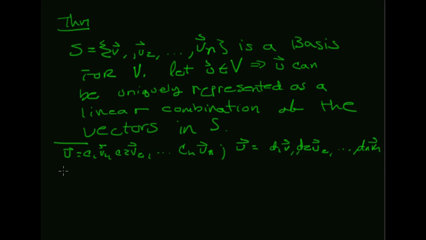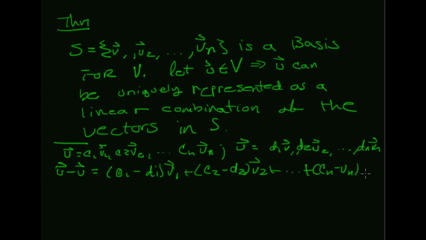All right, so then we just subtract them. u minus u should give me c1 minus d1 times v1 plus c2 minus d2 times v2 out to cn minus dn times vn.